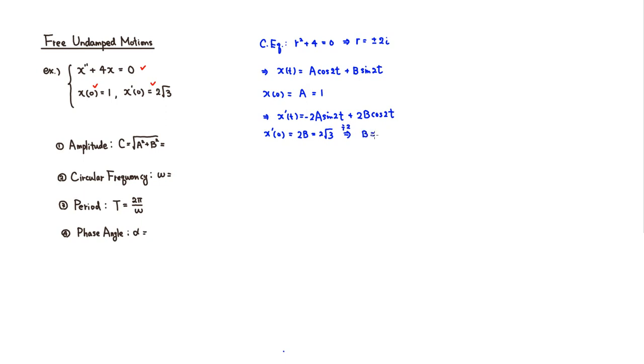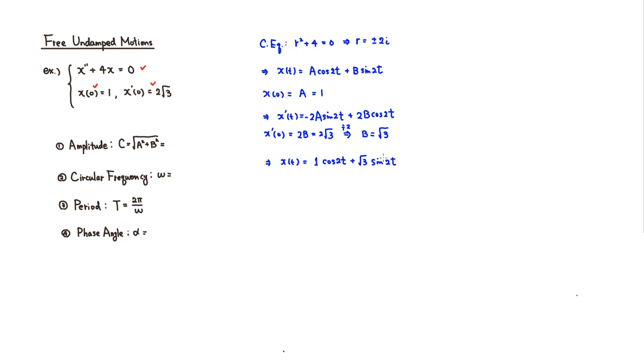So b is square root of 3. So we have the complete solution: x of t is 1 cosine of 2t plus square root of 3 sine of 2t.